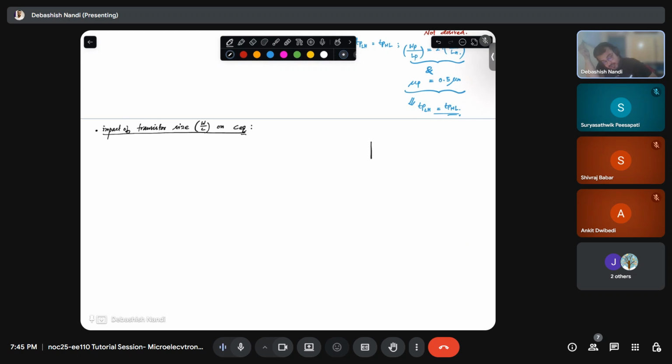So let's say this is your inverter. And let's also draw one MOSFET.